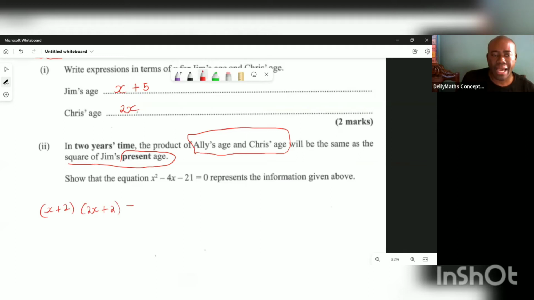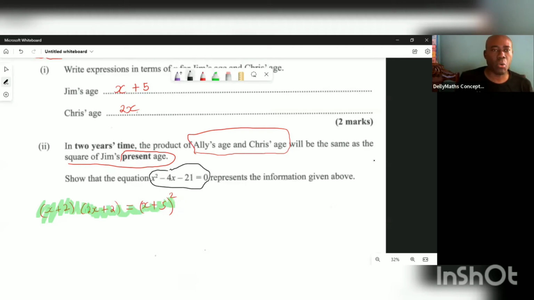We're told that that product will be equal to Jim's current age squared. So we're going to take this information and show that, at the end of the day, it is equal to all of that.